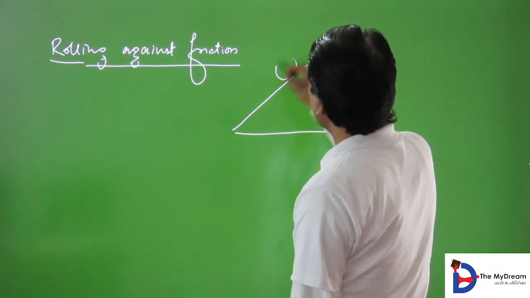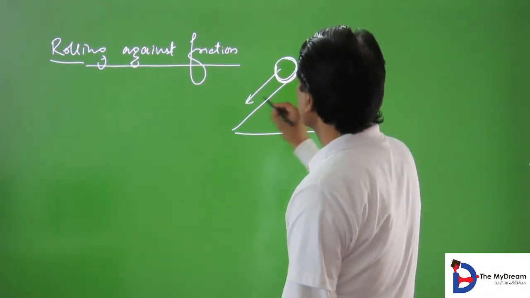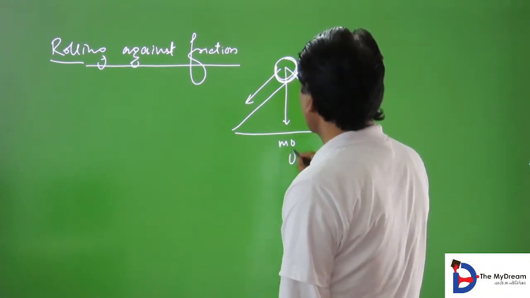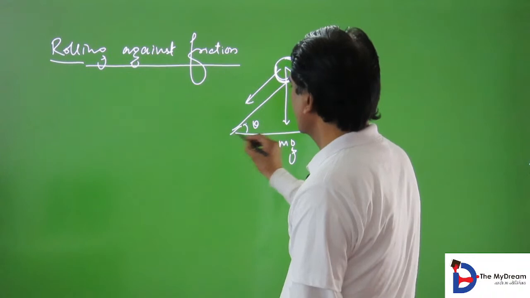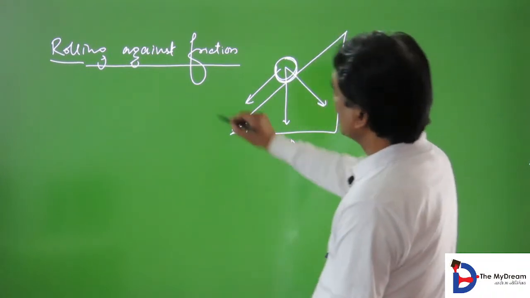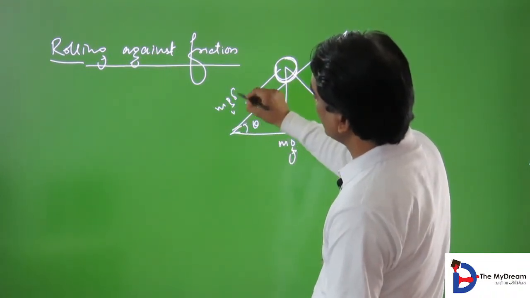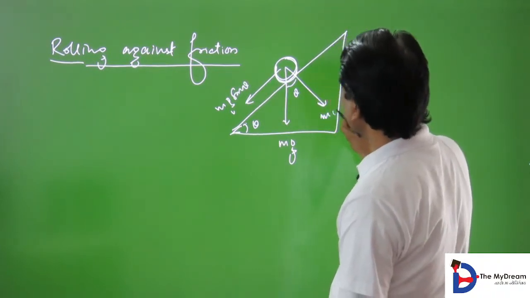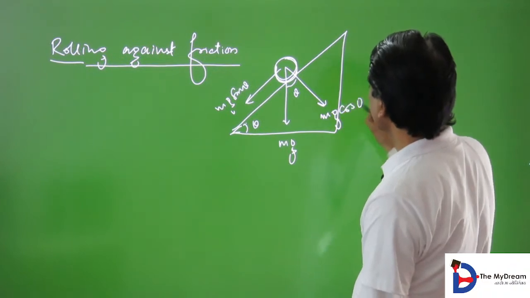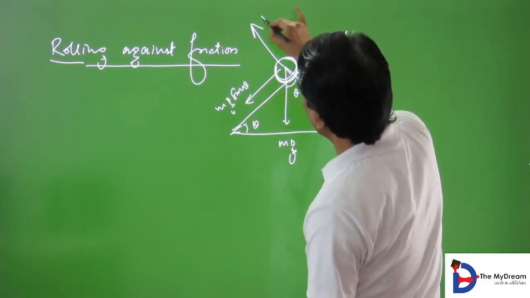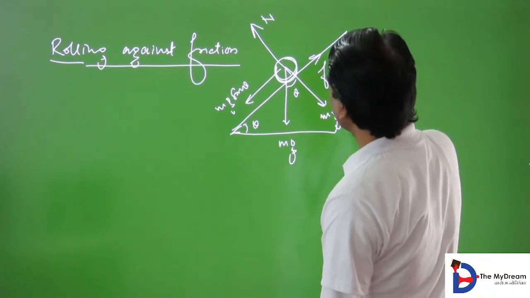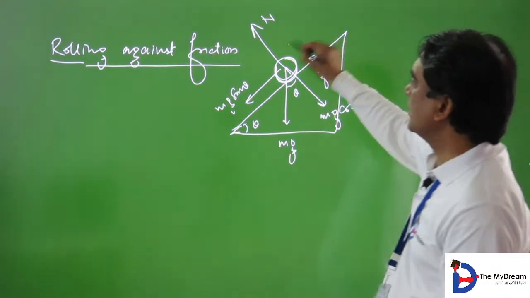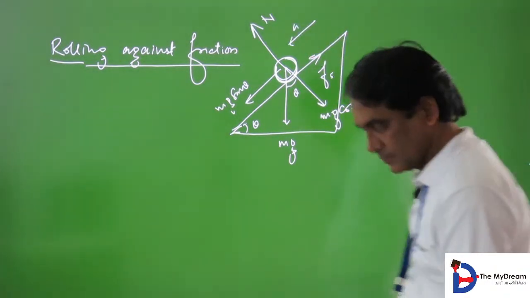As the object rolls, this is mg sin theta, this is mg cos theta, this is the normal, and here is the force of friction, and that is moving with this acceleration.